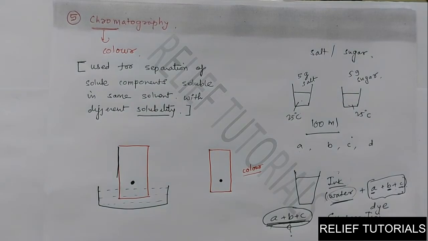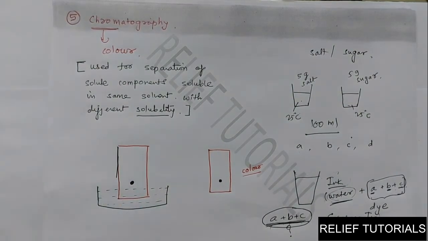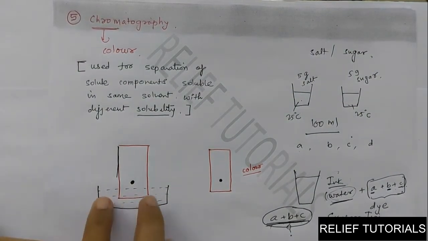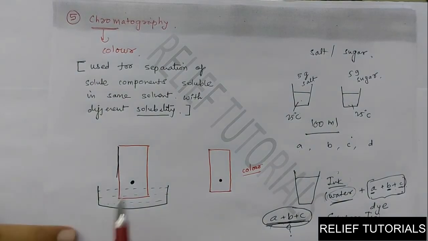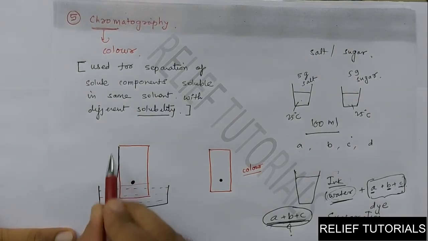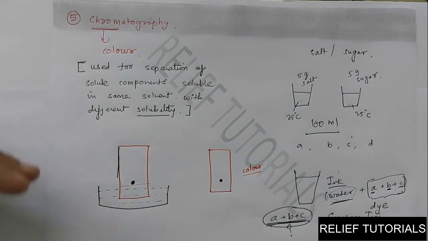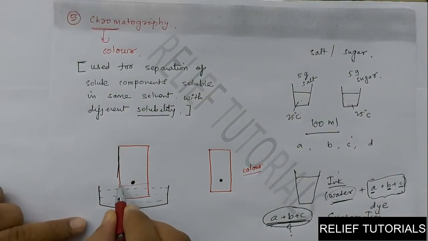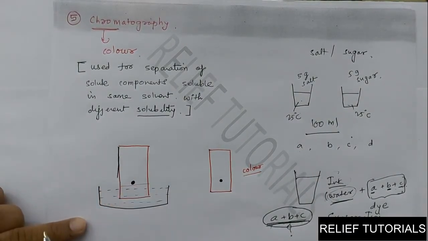Now because this is filter paper, it is going to absorb water. So as the water goes up, what happens? Gradually the water level increases up to here, and the water level still increases and it touches the dot. The filter paper has a tendency to absorb water, so it absorbs the water up to a certain height.